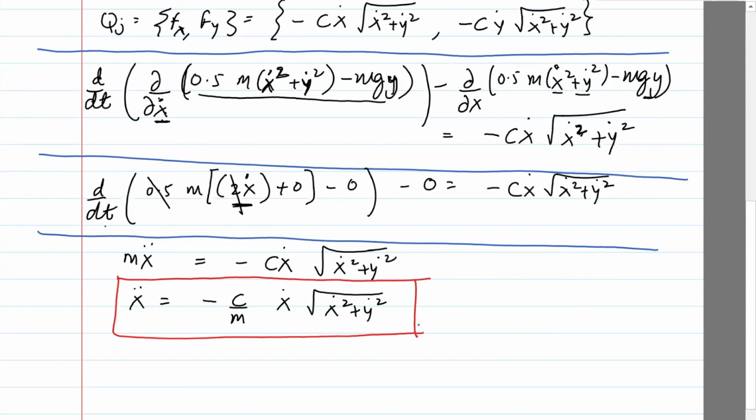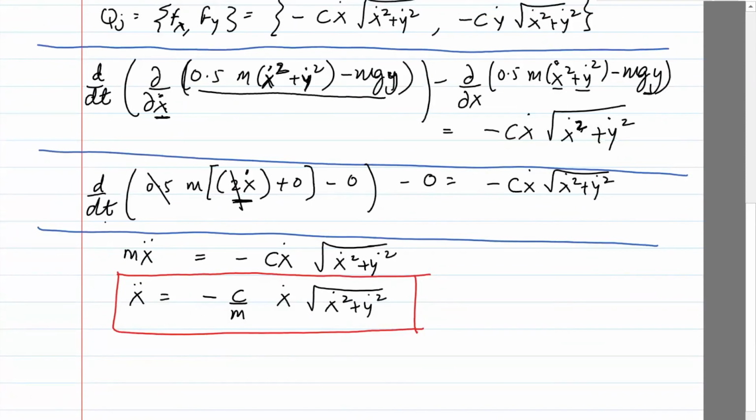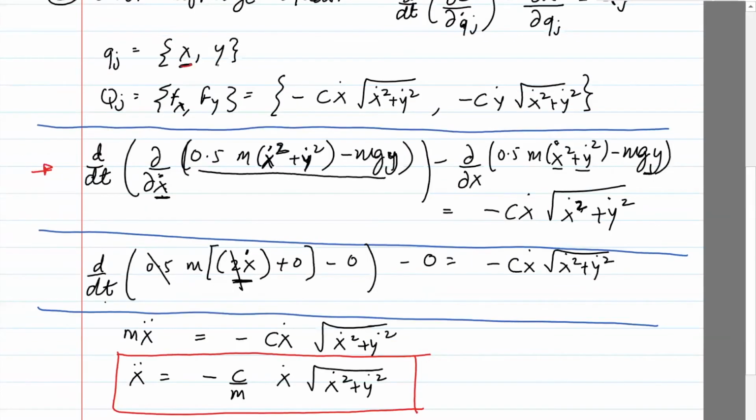Okay, let's do the same thing now for the y direction, and we'll see it actually comes out to be similar to what you would get if you did it with Newton's laws. So let's set up this equation for the y direction now, because remember I have x and y for q, and I already finished x, writing the equation for x but not for y.